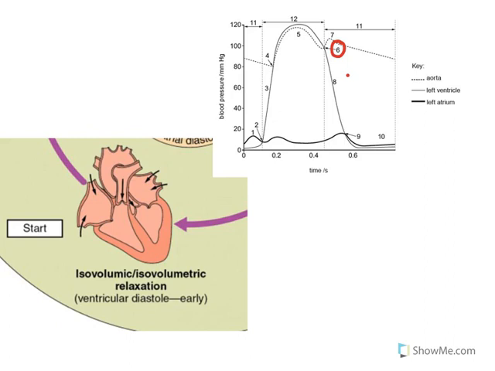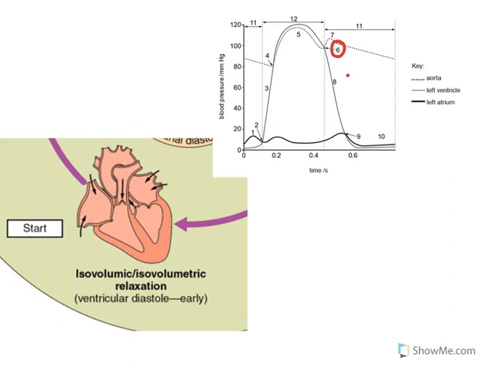This is because the wall is relaxing, and so your volume is increasing again. The blood is now left there, so your pressure is really decreasing, and it gets to a point at point number 6 where the ventricular pressure drops below the arterial pressure.